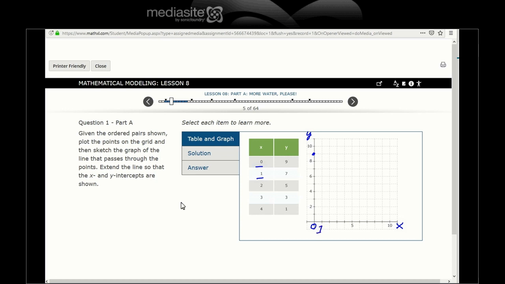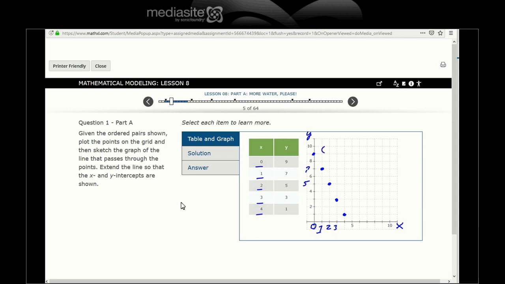So let's go up the x equals 1 line to y equals 7. Okay, when x is 2, y is 5. We'll go up the x equals 2 line to get to y equals 5. Okay, when x is 3, y is 3, and when x is 4, y is 1.